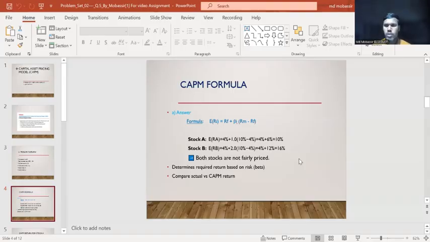For problem A, we use the values given in the question for stock A in the CAPM formula.